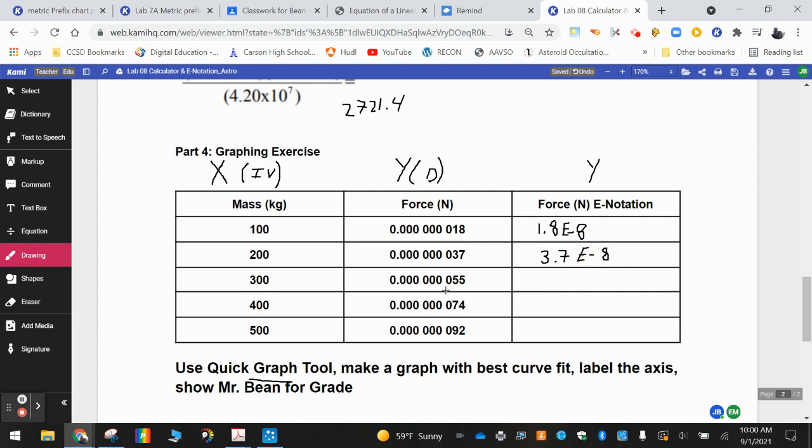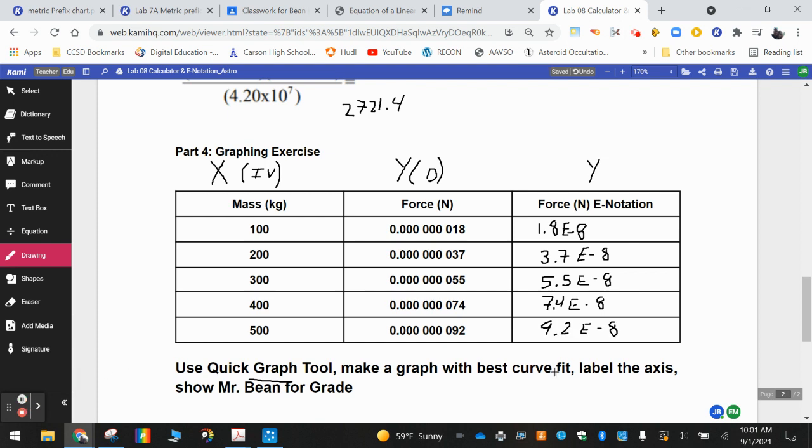Okay. Try this one here. This is 3.65, 5.5, E minus 8. Okay. 3.6, 7.4, E minus 8. All right, I'll hit pause and let you guys complete the table.